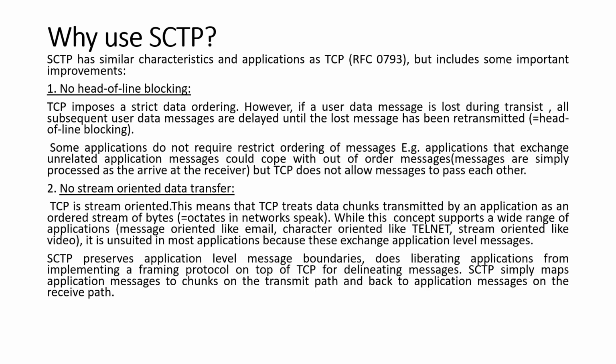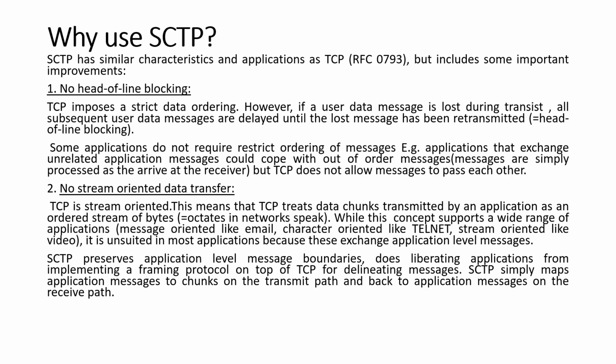Second one is no stream-oriented data transfer. TCP is stream oriented. This means that TCP treats data chunks transmitted by an application as an ordered stream of bytes, meaning octets in network speak. While this concept supports a wide range of applications, message oriented like email, character oriented like telnet, stream oriented like video, it is unsuited for most applications because they exchange application-level messages.